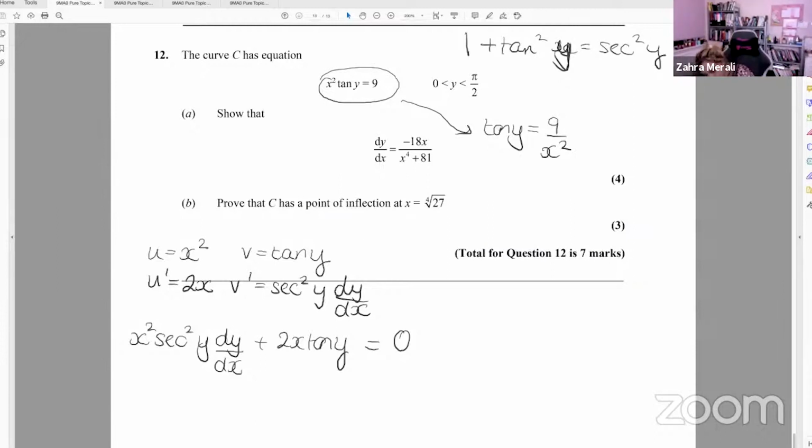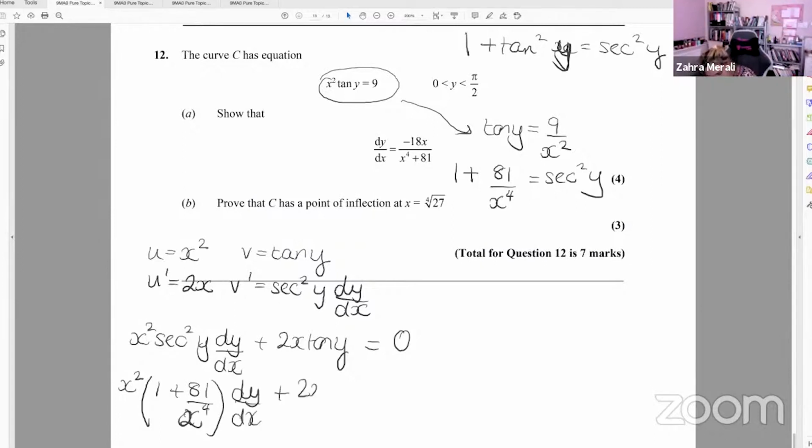So we know that 1 plus 81 over x to the 4 is sec squared y, which is what we want to replace that with. So now let's replace it. So x squared multiplied by 1 plus 81 over x to the 4, dy/dx, plus 2x multiplied by 9 over x squared equals 0.